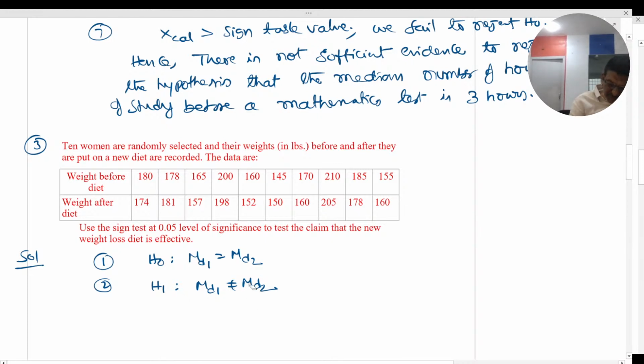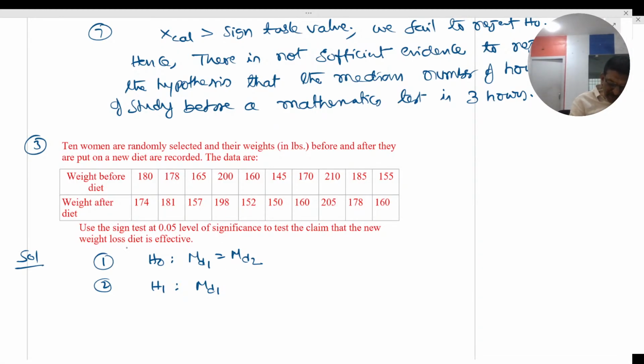In this case, the new weight loss diet is effective means what here? So weight before diet, weight after diet. The new diet decreases the weight here.